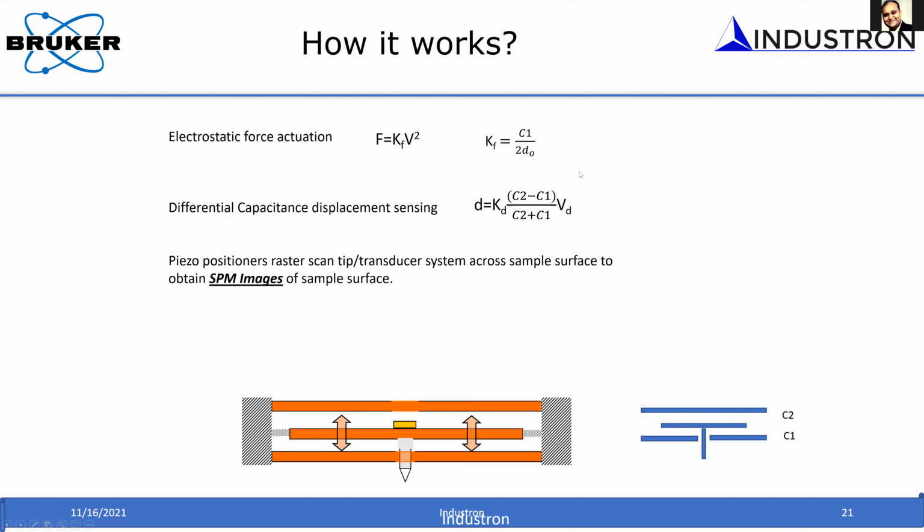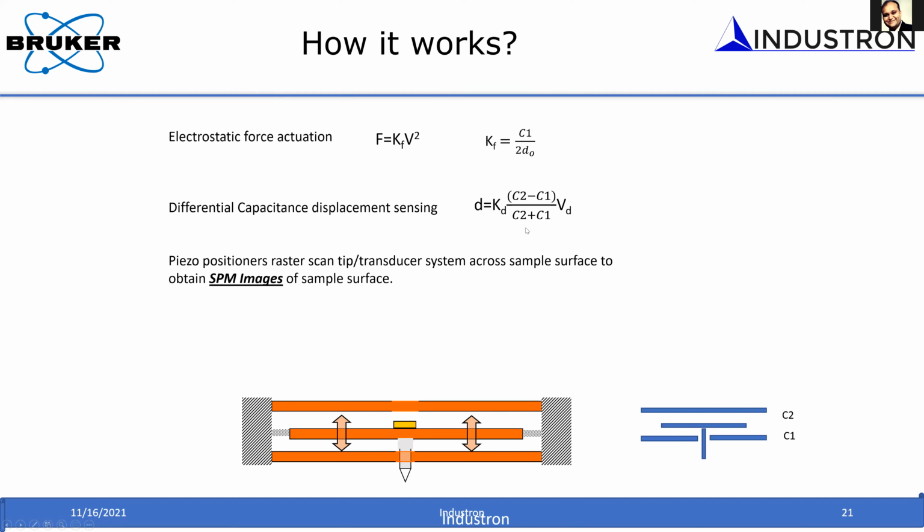It's a very simple concept. If you have a geometry with a 3-plate capacitance structure, where the center plate is suspended and you have 2 outer plates, by applying a voltage between the center plate and the bottom plate, you can generate force. That is how it has been done.